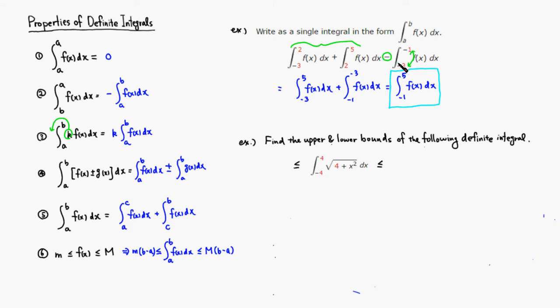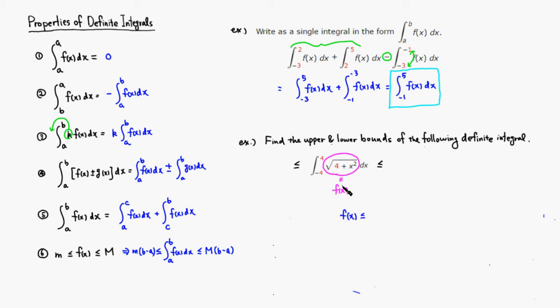Next example: we want to find the upper bound and the lower bound for the following definite integral. Let's look at this function here. This is the integrand, so I'm going to call it f of x. Then we want to see if there's a bound for this. What would be the largest value we can get out of this?